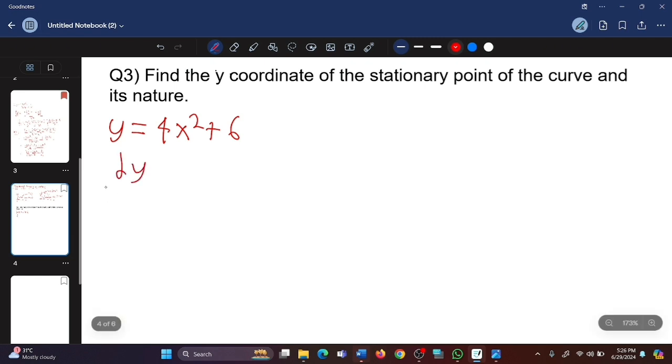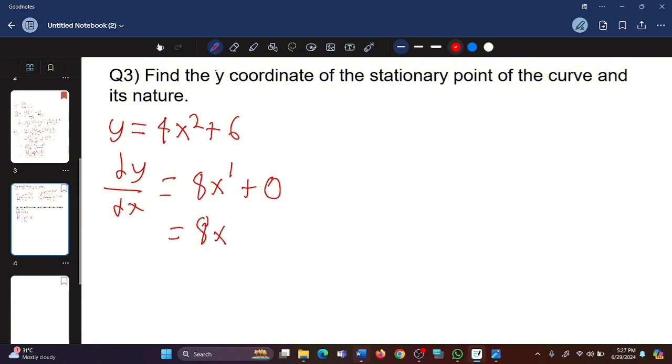Let's do dy by dx. We bring the power in front. 4 times 2 is 8, and subtract 1 from the power, that is 8x. Plus, if we differentiate 4x to the power 1, as 1 minus 1 is 0, and if we differentiate 6, it becomes 0. So dy by dx is 8x.